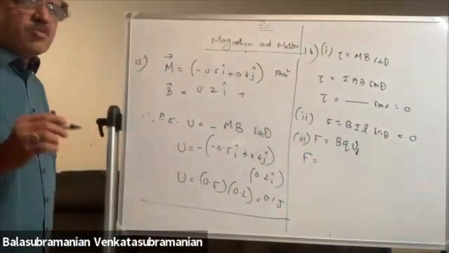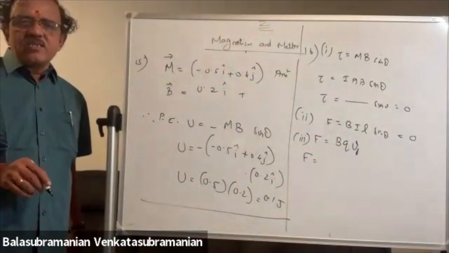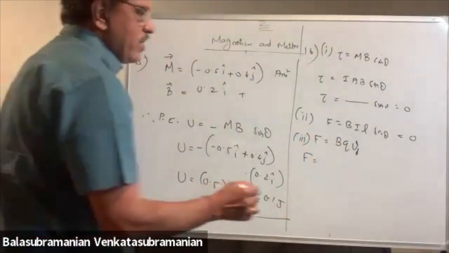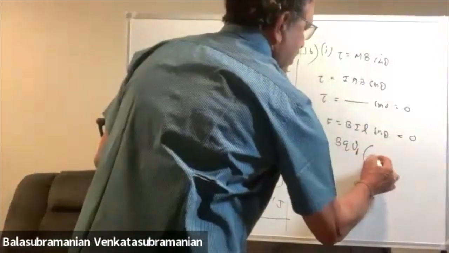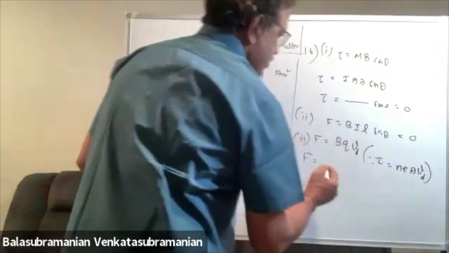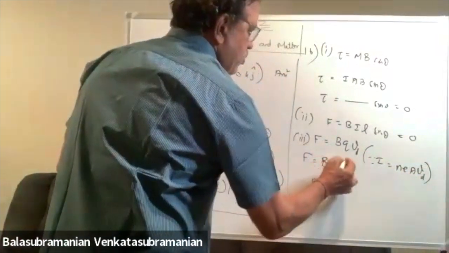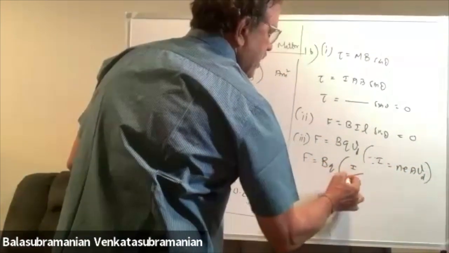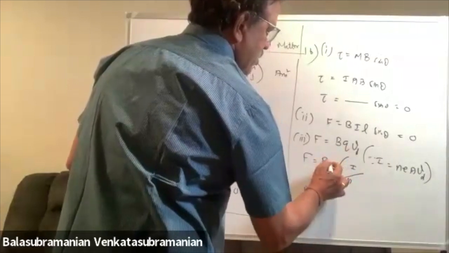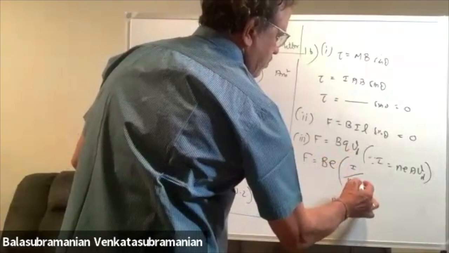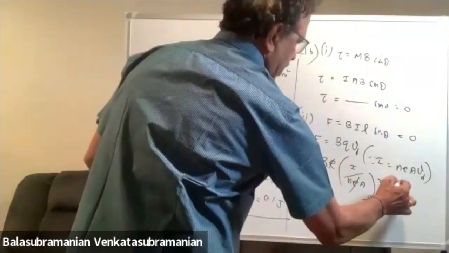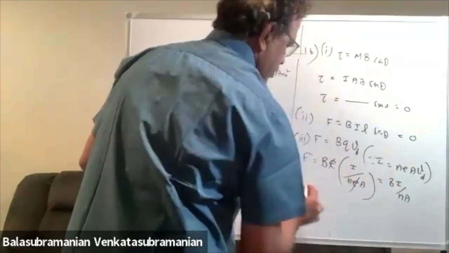Electron normally moves with the drift velocity in a wire. You know very well the current and drift velocity equation: I is equal to NEA VD. So I can write BQ VD, where VD is I by NEA. For one electron, the charge e cancels, giving BI by NA.